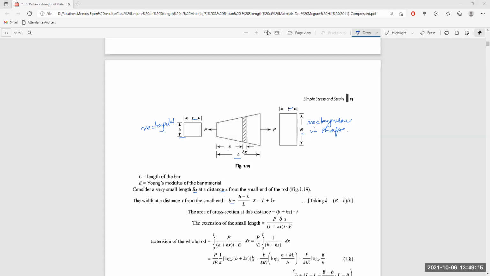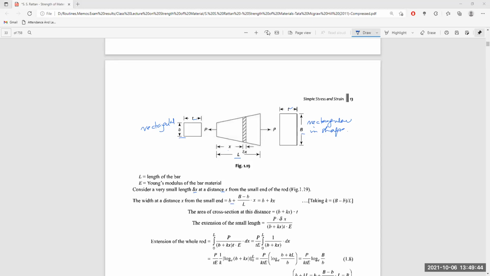The logic is the same as before. The width is changing from small b to capital B over the length L, so the rate of change is (B minus b) by L, and since we are considering a section at a distance x, we multiply by x. So the width at a distance x is b plus (B minus b) divided by L into x, that is b plus kx.